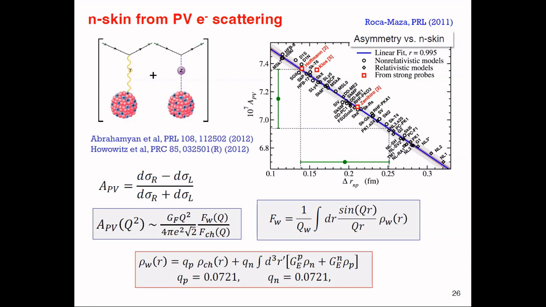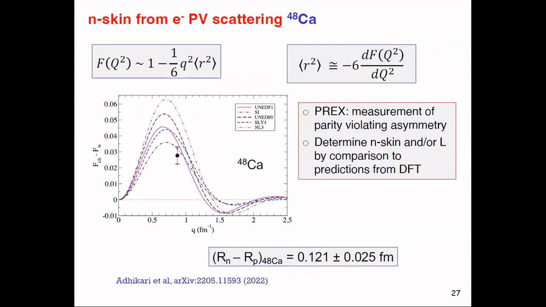For the charge density, you have a size effect, and these are point particles with appropriate form factors. That's what they have done. And it was expected that this quantity here, this is again from Rocamassa, has a dependence on the neutron spin, okay? So in fact, this data here reflects this analysis here.